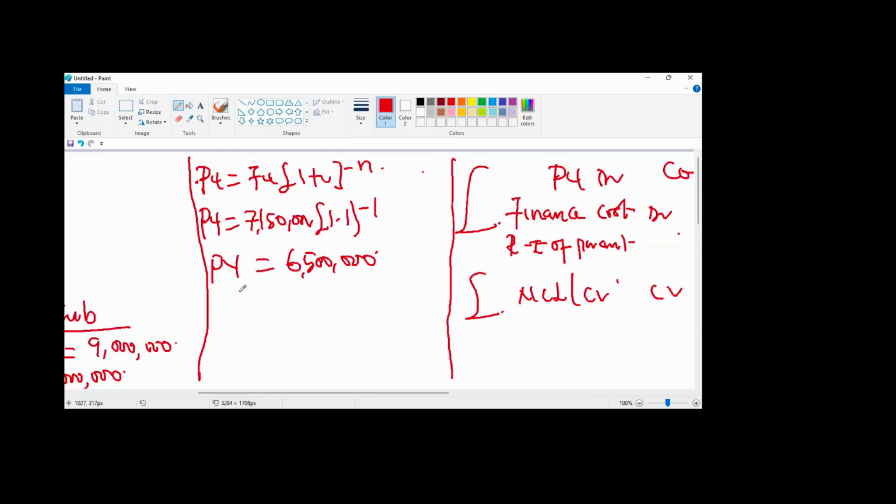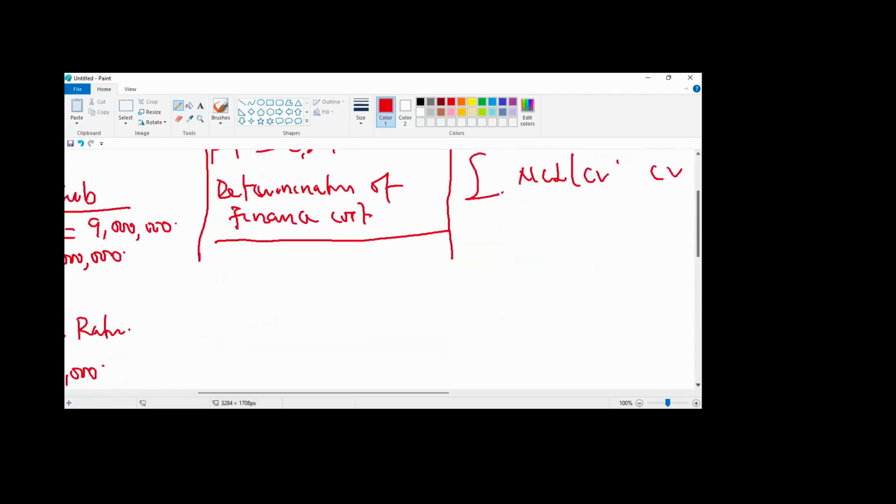So I need to determine the finance cost, which is the interest element. How do I go about that?